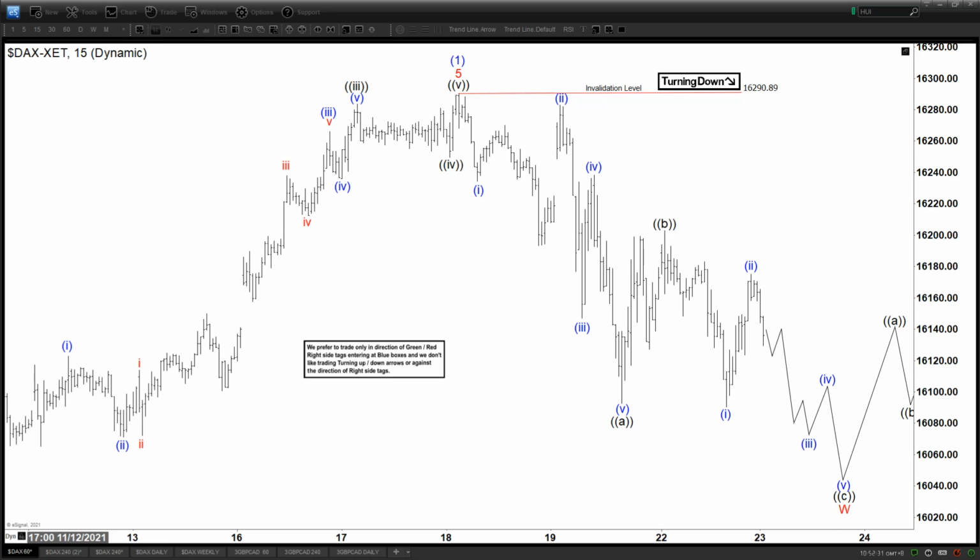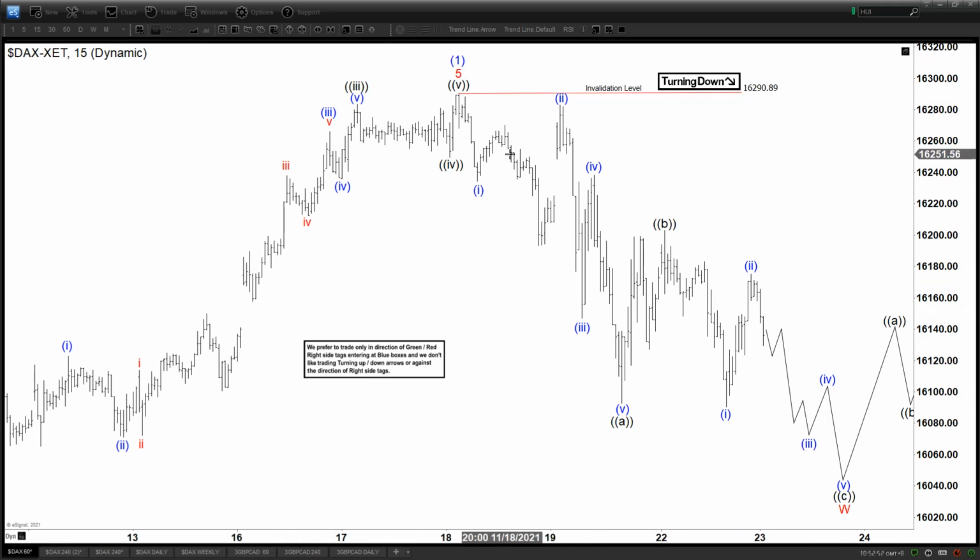And for today we're going to be looking at the chart of the DAX. This is a short-term chart here. It's a 60 minutes chart. Now sometimes we use a lower time frame, like in this case 15 minutes, not because we necessarily want to go to the lowest time frame, but sometimes because of the presentation purpose.